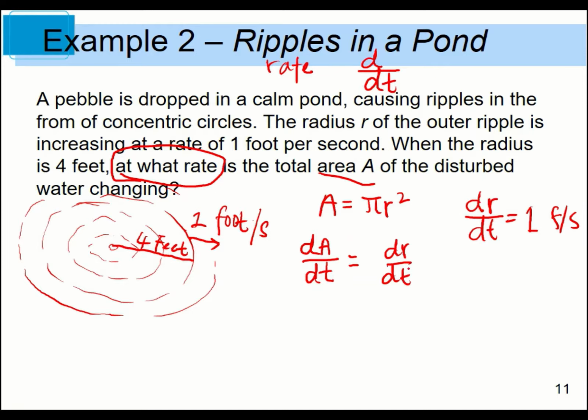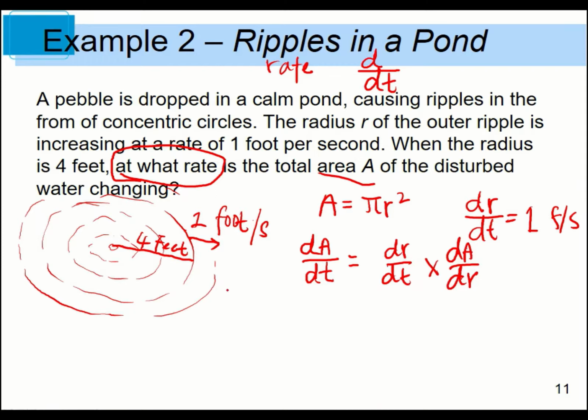So how can we find dA/dt? You can see here, when we multiply dA/dr by dr/dt, we can eliminate the dr, so we have dA/dt.